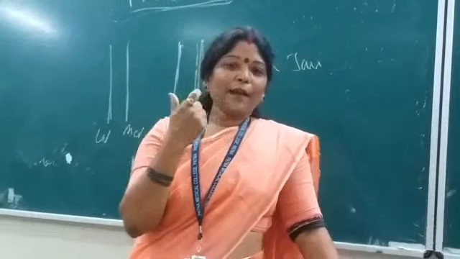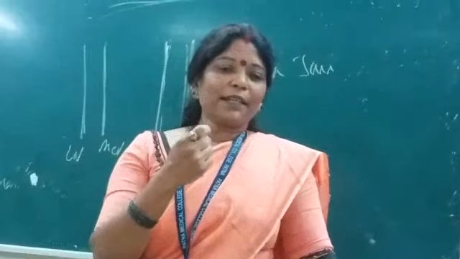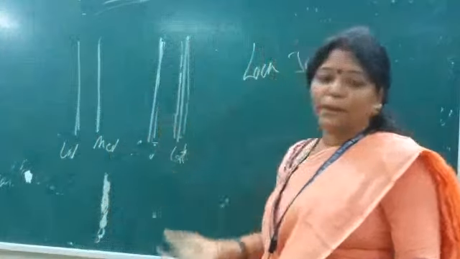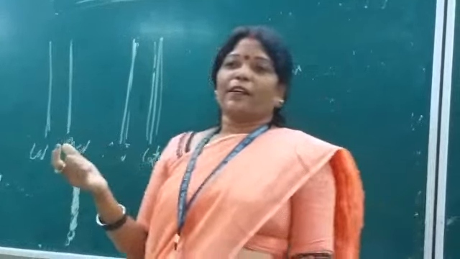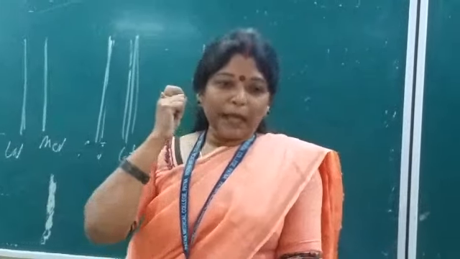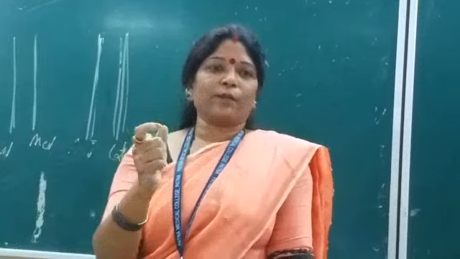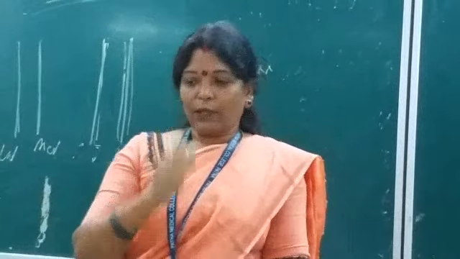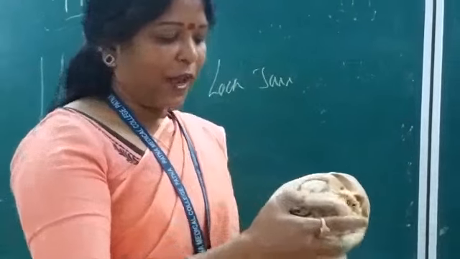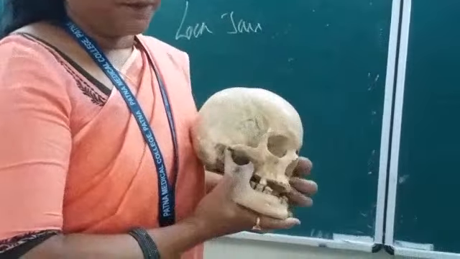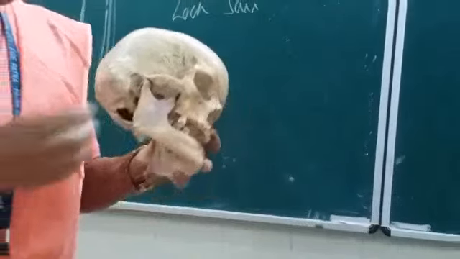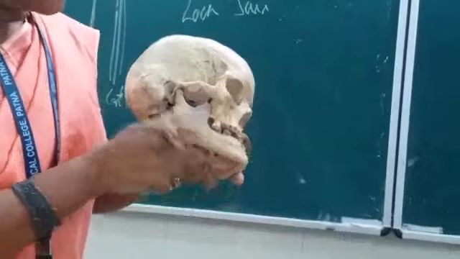And then comes a very important aspect, the dislocation. Whatever we have studied about the capsule and the ligaments here will give the hint why the dislocation of the temporomandibular joint is mainly anterior in nature. Look, anteriorly there is no support, so it is a very vulnerable part for dislocation.